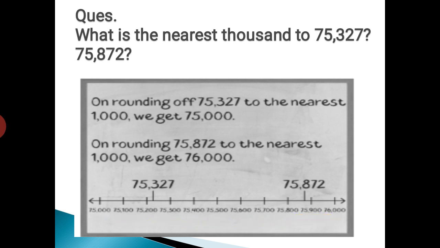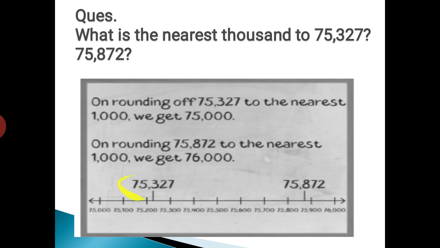You can also look at this number line. Here the number line consists of 75,000 to 76,000, and these two numbers lie between these two thousands, 75,000 and 76,000. You can see from this number line that 75,327 is nearest to which thousand, 75,000 or 76,000?